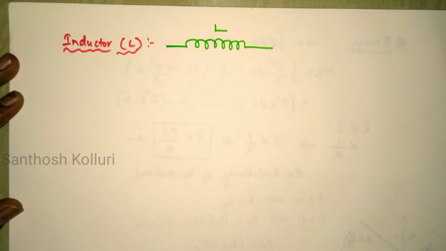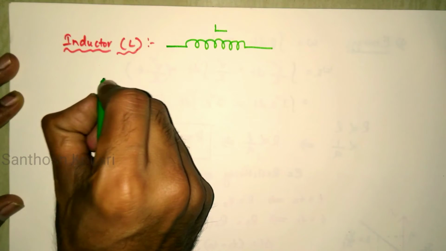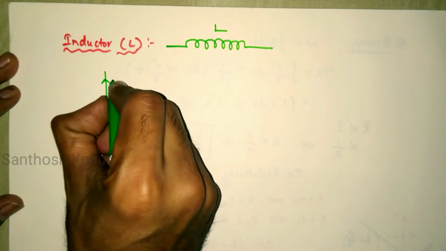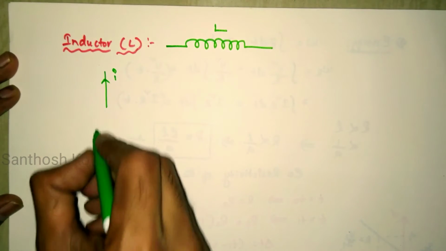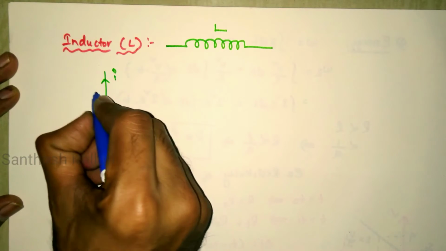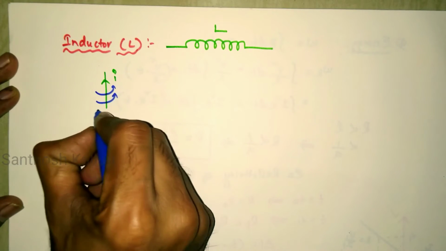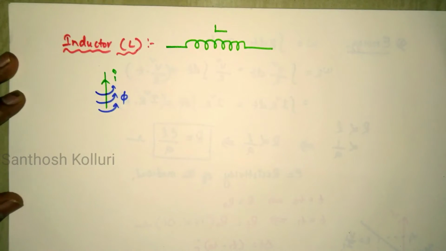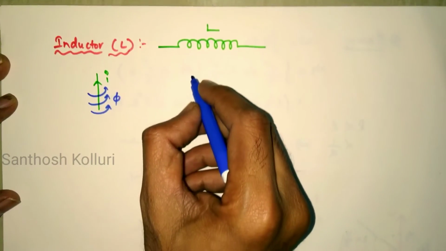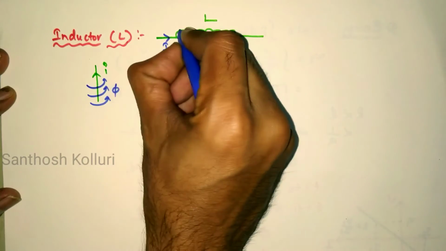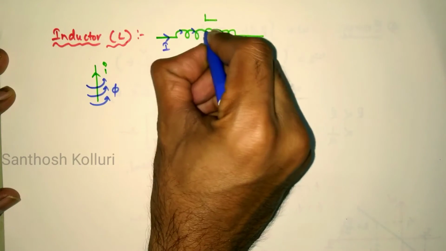Here, let us take a straight conductor like this. If the current flowing through the conductor is like this, then the magnetic field will be in this direction as per the right hand thumb rule. But if you take an inductor, the current direction is like this, so it will be flowing like this.